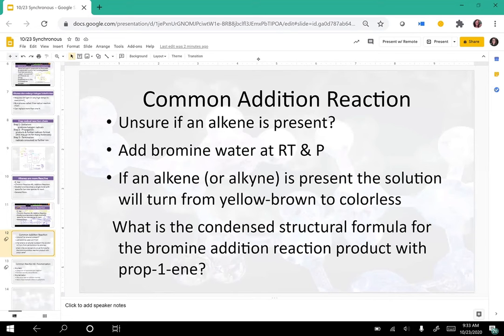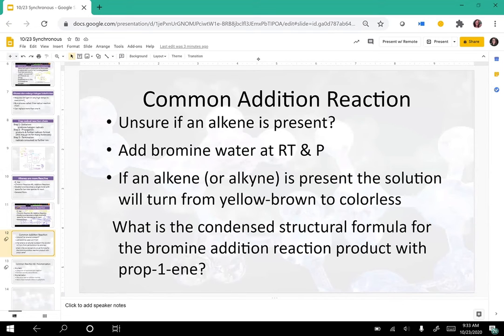In bromine water, bromine itself is kind of a yellow-brown color to start with. So when we put a whole bunch of bromine into water, it's a nice solution, and that solution is going to be brownish.